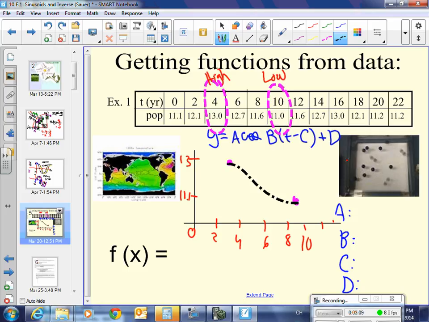Is that a full cycle, a full period? It's not. In fact, kind of looks like a half of one, doesn't it? The green finishes it off. So this is going to be a half of a period. We are ready to find all these.